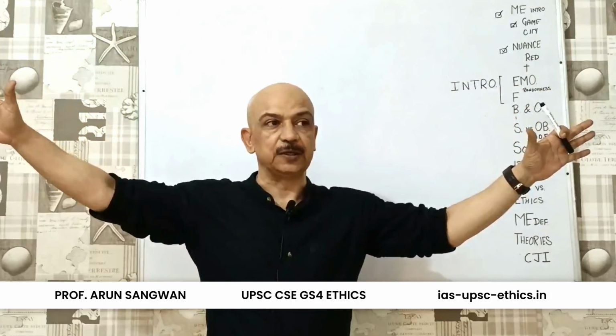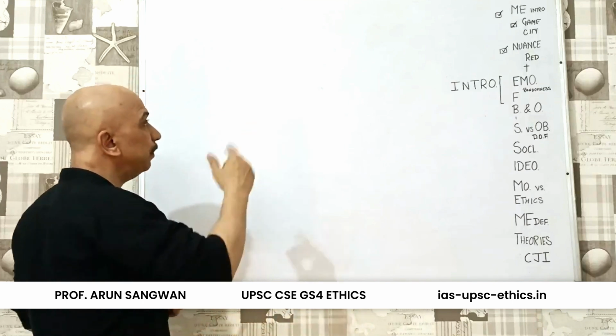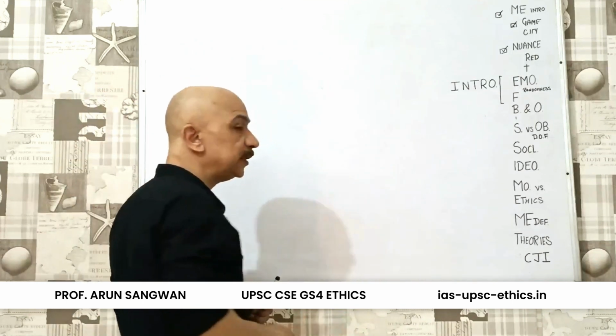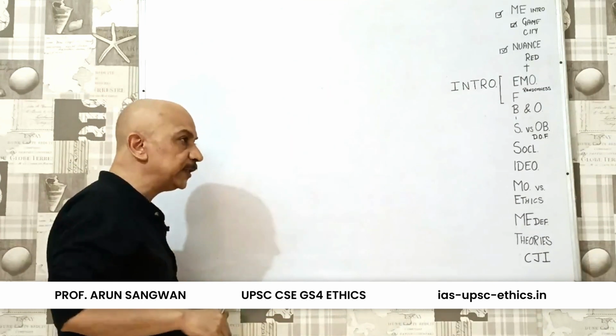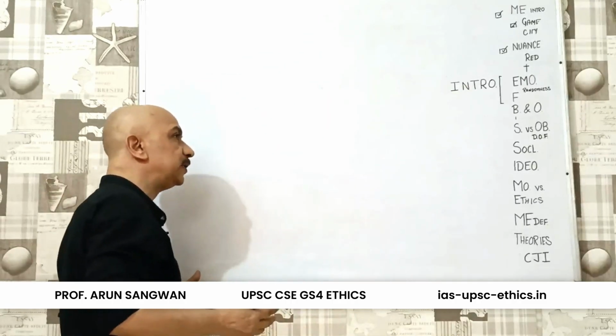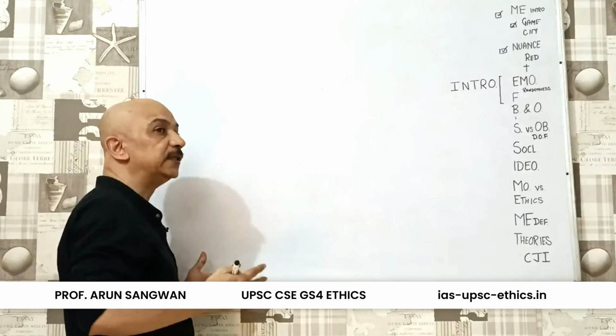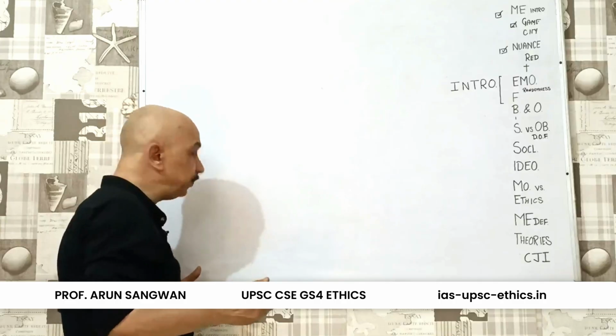One, we are exploring the big picture. And the second thing we are doing is we're going to get into details. As I told you, meta-ethics has 4 components, okay? And these are like 4 hats or 4 roles that a meta-ethicist has to play.